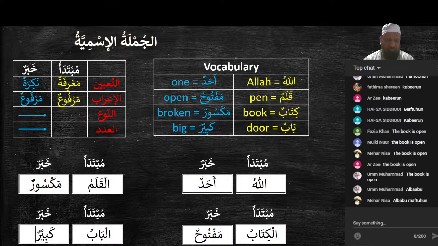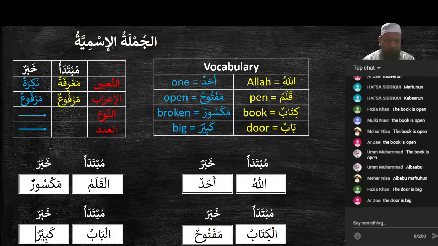Translate. We know babun means door. We just need to translate al with it. So, the door. Put a linking word, which is, and kabirun meaning big. The door is big.